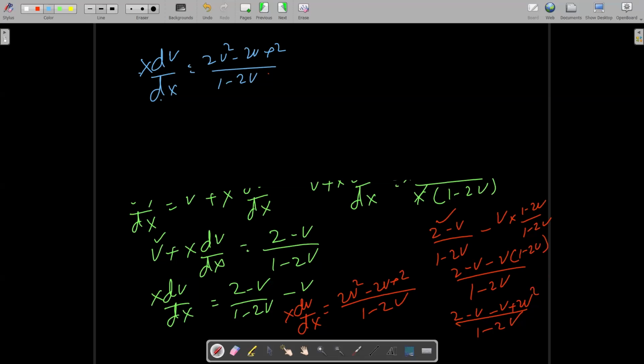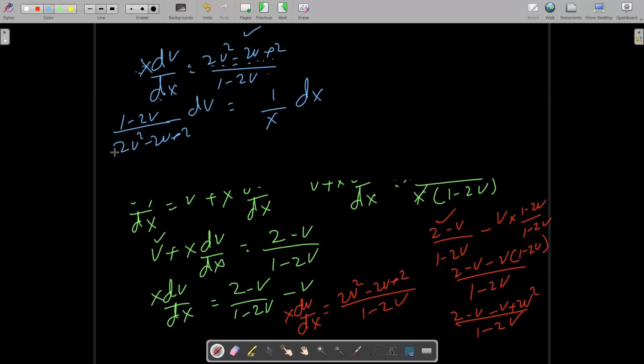So you flip this fraction on the left side: multiply both sides by 1 minus 2v, so you get 1 minus 2v over there, and divide the top thing on both sides, so you get 2v square minus 2v plus 2 dv. This dx will be multiplied on the right side, and this x divided on the right side, 1 over x dx. So we are done with the separation of variables.